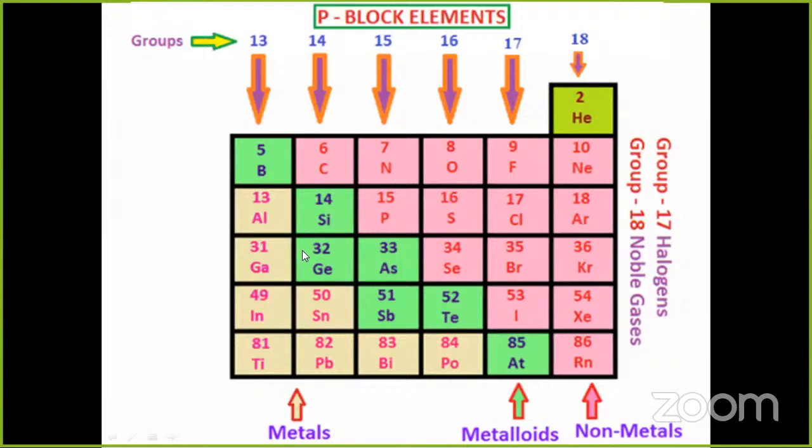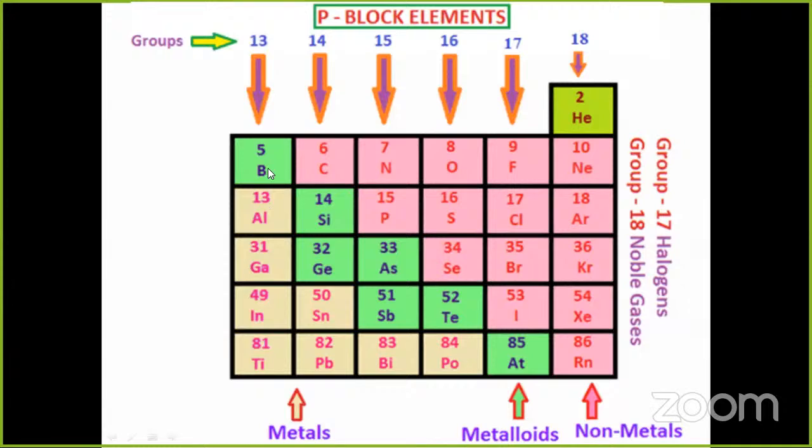You come to here also. Carbon, sometimes carbon is a non-metal, and silicon, germanium are semi-metals or metalloids, and tin and lead are metals. Here oxygen, sulfur are non-metals, and selenium, tellurium are semi-metals, polonium is a metal.